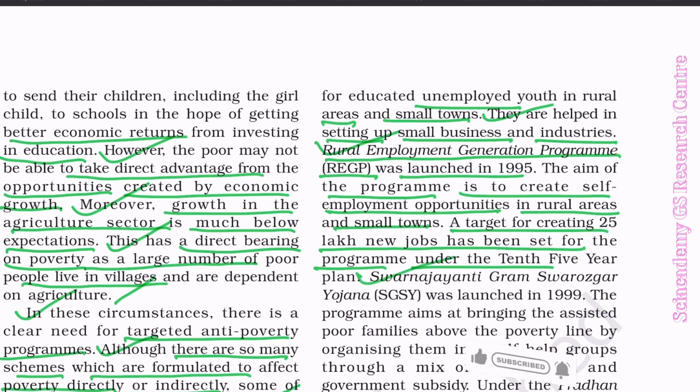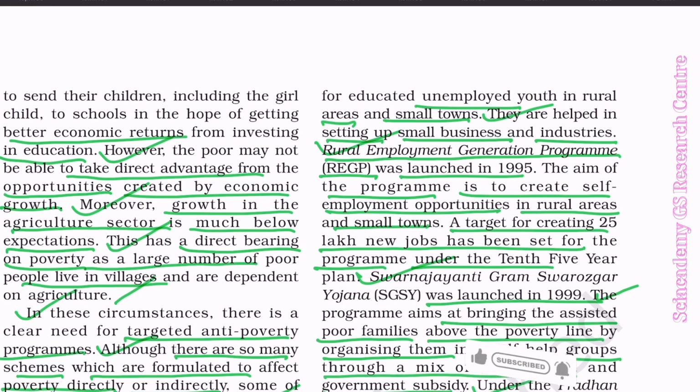Swarna Jayanti Gram Swarozgar Yojana (SGSY) was launched in 1999. The program aims at bringing the assisted poor families above the poverty line by organizing them into self-help groups (SHG) through a mix of bank credit and government subsidy.